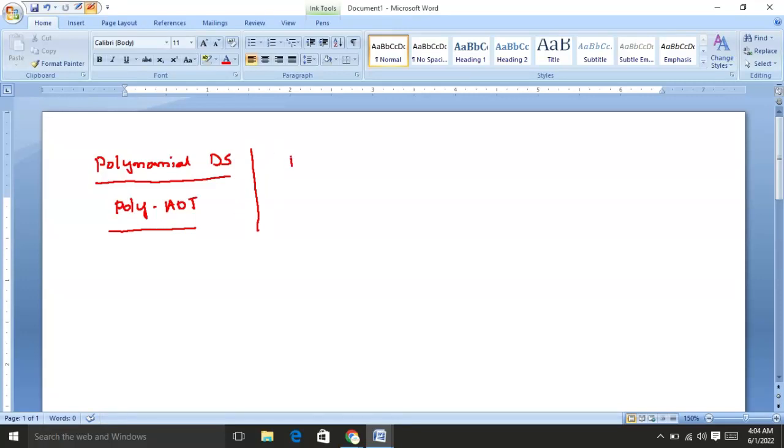We know that a polynomial is a sum of terms. Here, each term is in the form of a x to the power of e. So, this is one term. Suppose we are adding or subtracting such terms, it will form the polynomial.